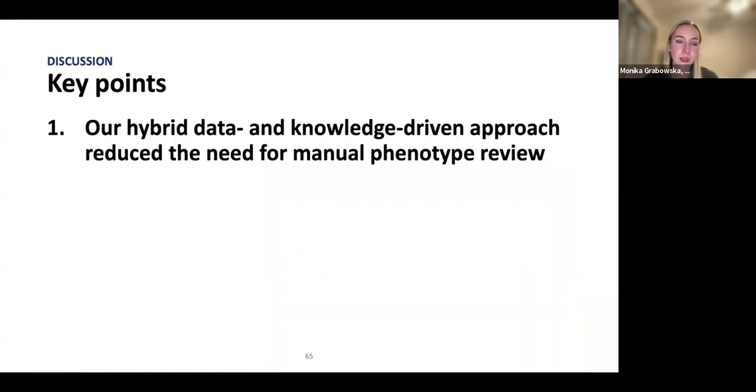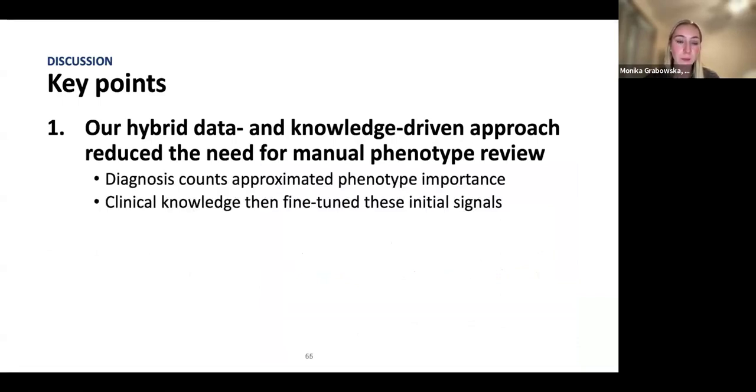And then in terms of key points and main takeaways, we used this hybrid data and knowledge-driven approach to develop these Phecodes from the existing Phecodes, and this substantially reduced the need for manual phenotype review. We used ICD counts as a proxy measure of phenotype importance in the pediatric population, with low counts suggesting something might not be particularly important, and then further exploration of the phenotypes with especially high pediatric counts.